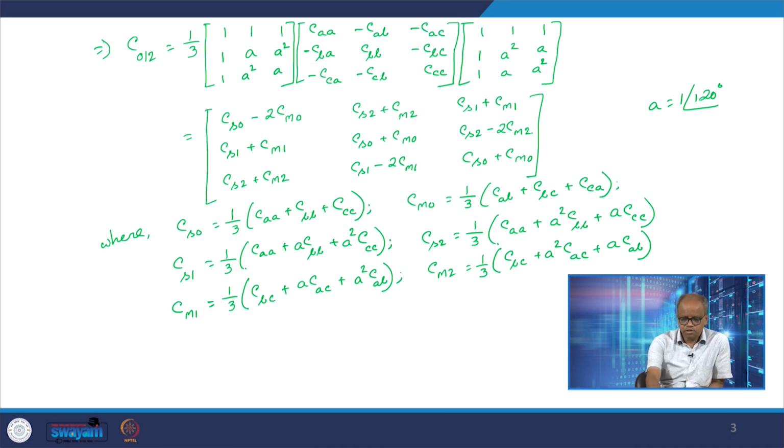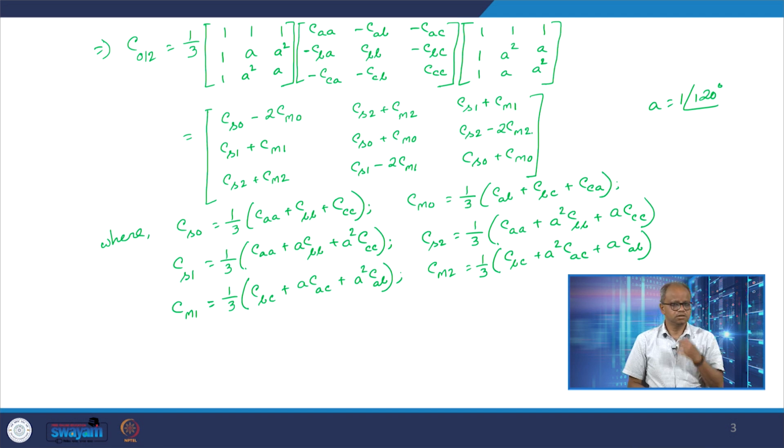So then this matrix will simply be a diagonal matrix. So for a completely transposed line, the capacitance matrix also becomes a decoupled matrix, where the zero sequence voltage will only depend on the zero sequence current, and similarly the positive sequence voltage will only depend on the positive sequence current, as well as the negative sequence voltage only on the negative sequence current.